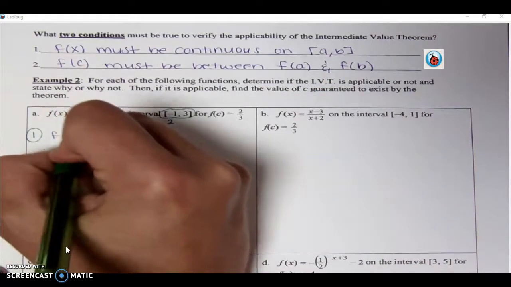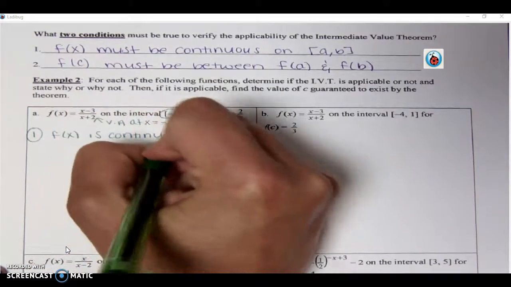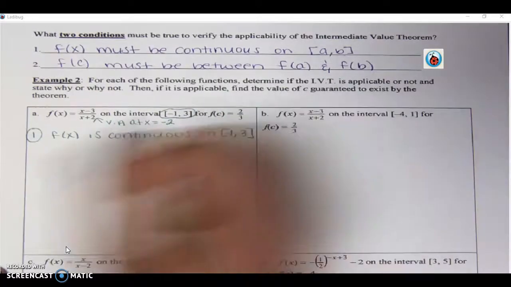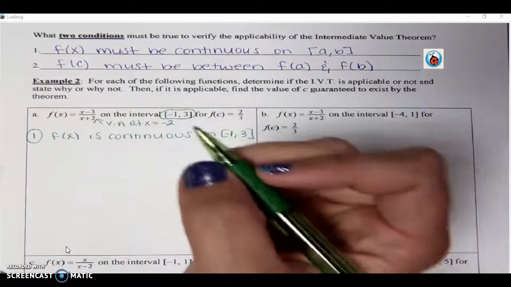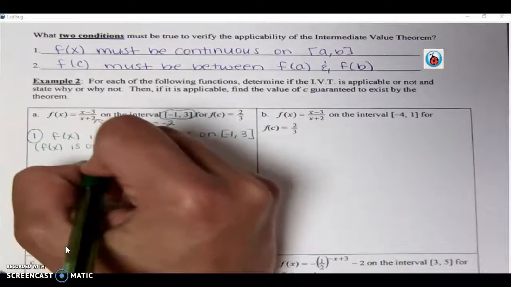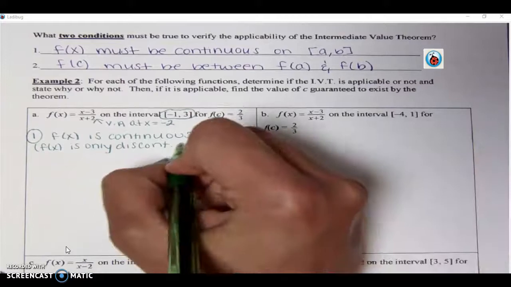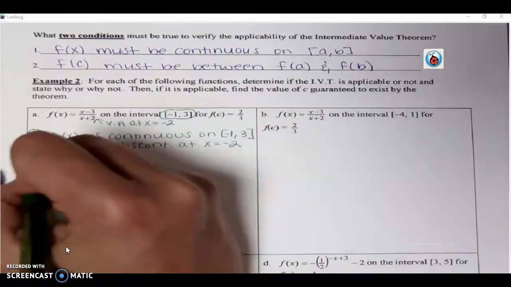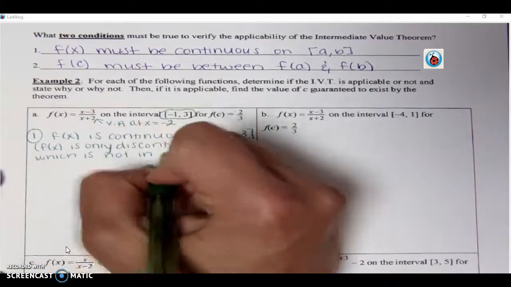So we've got to write this all out. We're going to say f of x is continuous on our interval from -1 to 3. Now you do have to make mention of that vertical asymptote, that you've checked it. So we're just going to say f of x is only discontinuous at x equals -2, which is not in the interval.